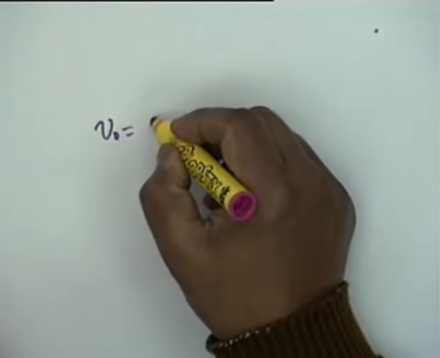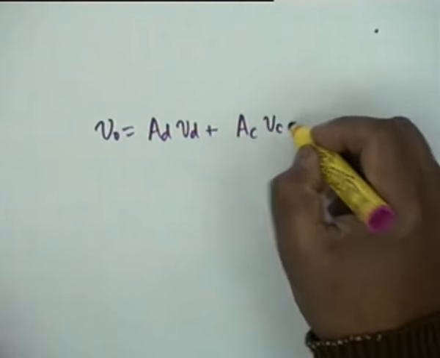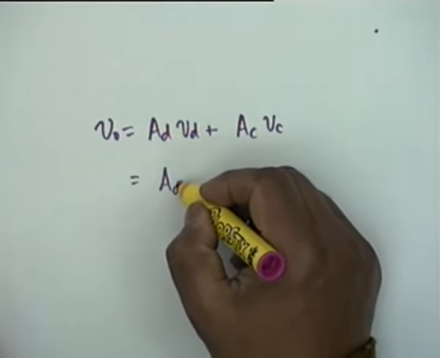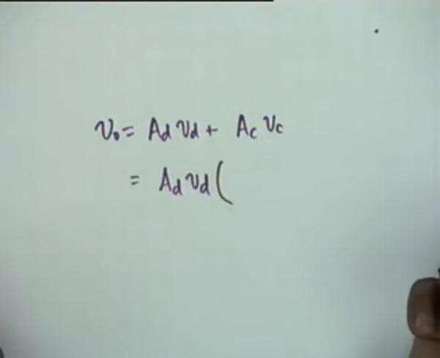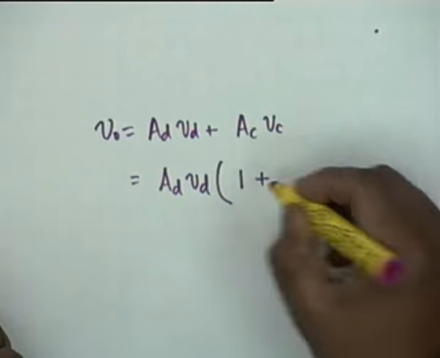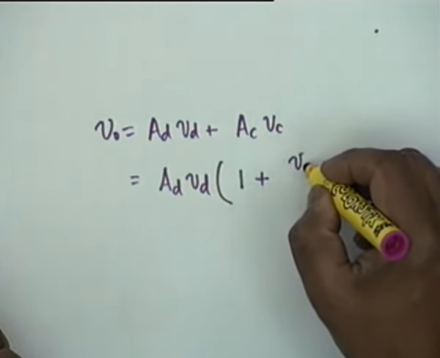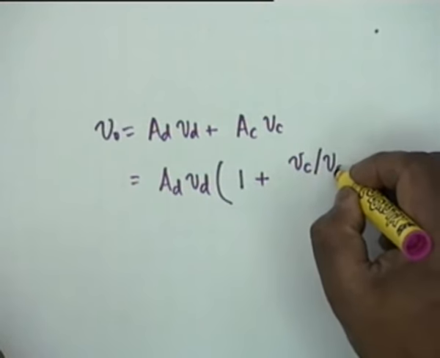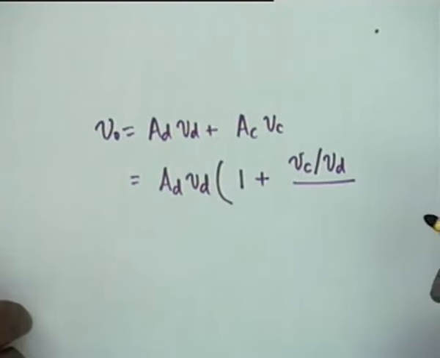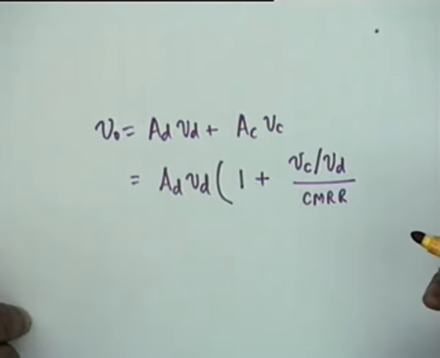I can write this relation in a slightly different form, AD VD plus AC VC. I can write this as AD VD, the ideal value, and the deviation I can put in the form 1 plus VC by VD divided by CMRR, if it is a positive quantity.